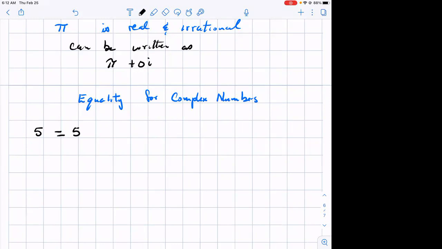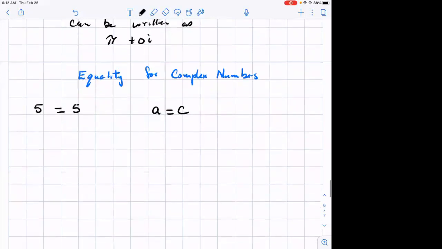Likewise, we can say that a is equal to c if a and c represent some real numbers.